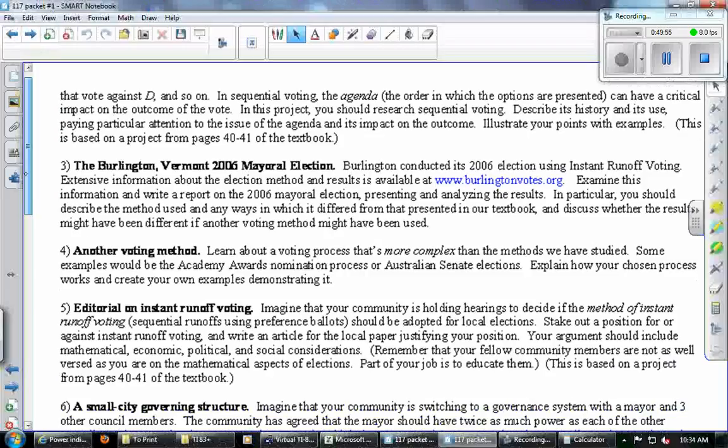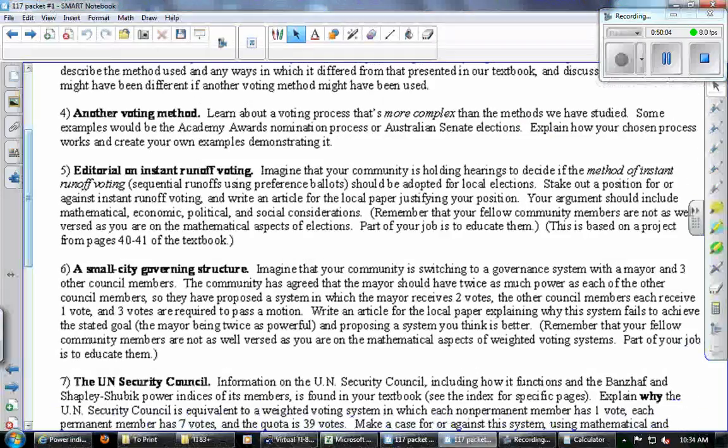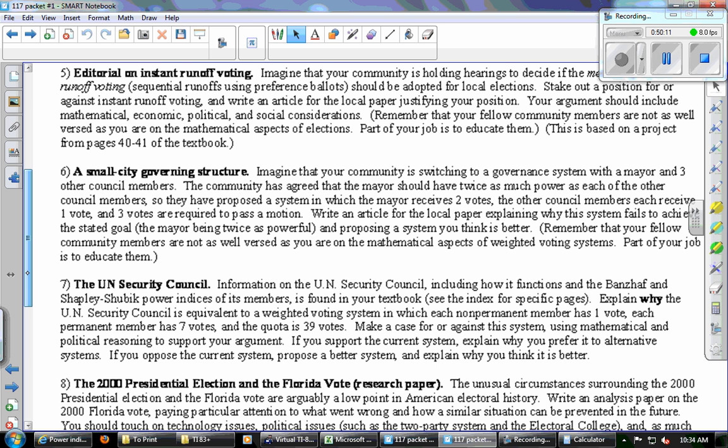You can talk about a recent mayoral election in Burlington, Vermont. You can write an editorial to your local paper trying to convince them about the pros and cons of instant runoff voting, which we call plurality with elimination. So you've seen that method before. You can write about the UN Security Council. We just talked about that a few minutes ago.